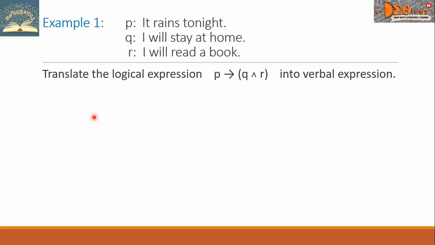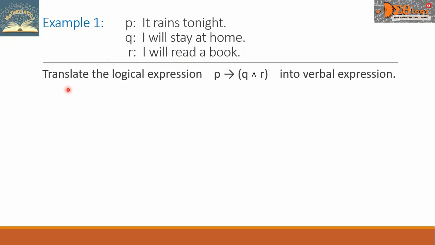Let's see this example 1. Here we have three propositions. Proposition P, it rains tonight. Proposition Q, I will stay at home. Proposition R, I will read a book.